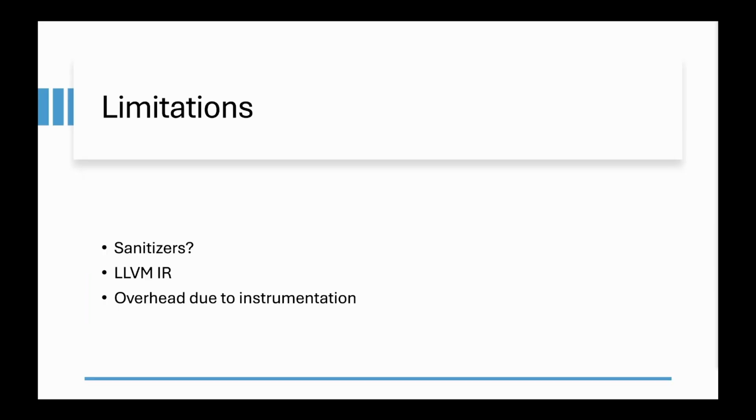Now that we've gone over all the aspects of ParmeSan, we can also talk about the limitations, as not every fuzzer or program is going to be absolutely perfect. The biggest thing is the sanitizers available at the time. Not all sanitizers are built the same, and some bug types may not be detected by sanitizers, which is a major factor for ParmeSan.